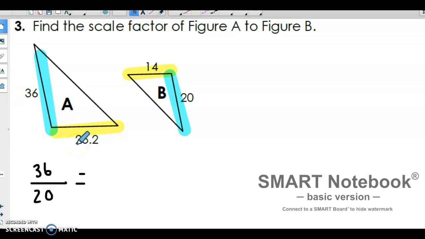So I'm going to have you answer right now, what's the biggest number that divides evenly into 36 and 20? The correct answer was 4. So now we're actually going to do that simplification. 36 divided by 4 is 9, and 20 divided by 4 is 5. So our scale factor is 9 over 5.